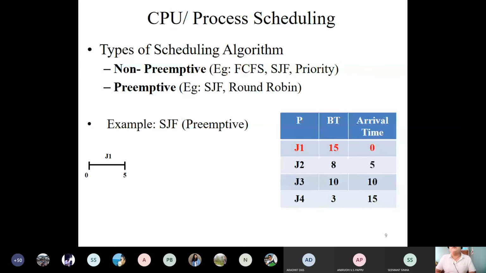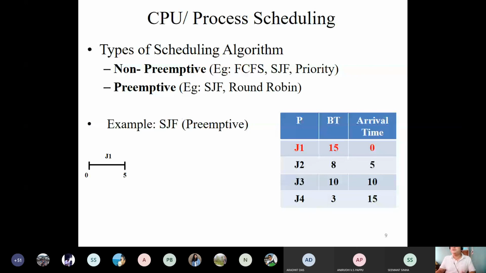So the remaining burst time for job J1 is 10 at time t equals 5. At time t equals 5, in the computer memory, job J1 is there and job J2 is there. Job J1's burst time at that time is 10 and job J2's burst time is 8.